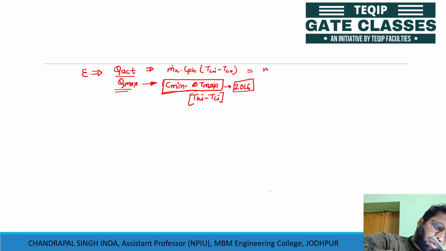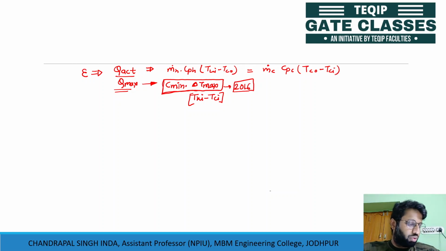the heat gained by the cold fluid is equal to the mass flow rate of the cold fluid multiplied by the specific heat of the cold fluid and the temperature difference of the cold fluid. So this is how we find the value of actual heat transfer across the heat exchanger between the hot and the cold fluid.